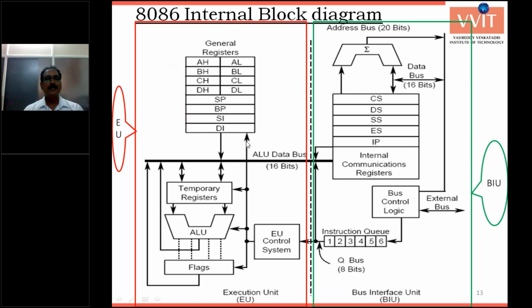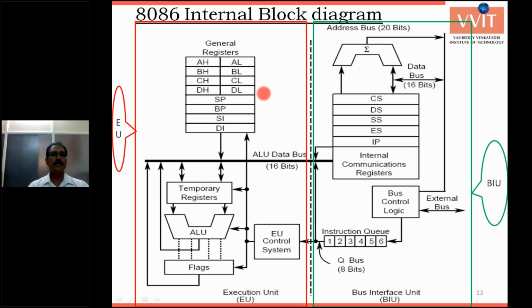Now this is the execute unit's general register. The general register is simply a scratch pad, temporary storage or volatile memory, divided into three parts. First are AX, BX, CX, DX. Here X stands for 16-bit, so AX, BX, CX, DX are used for 16-bit.